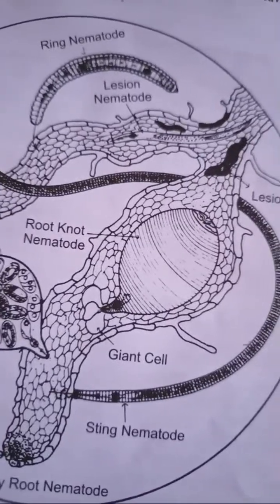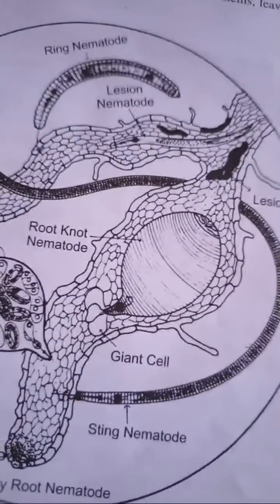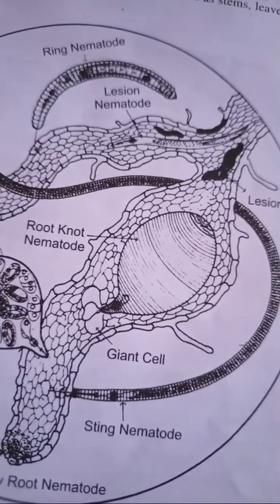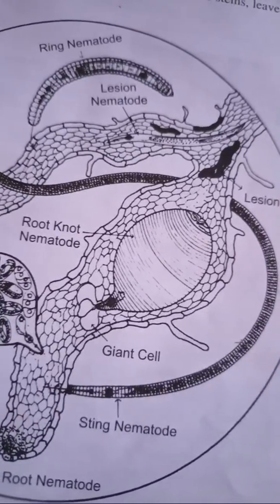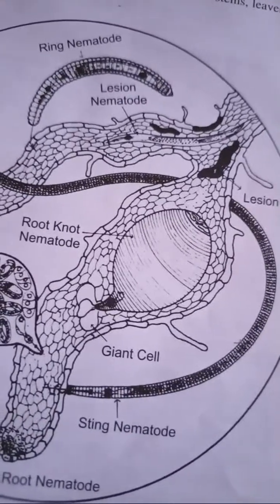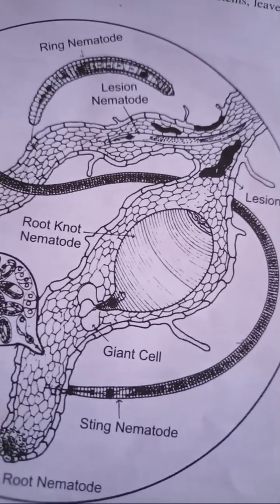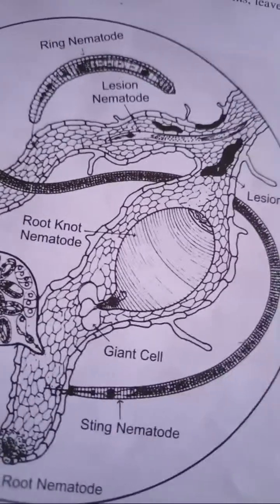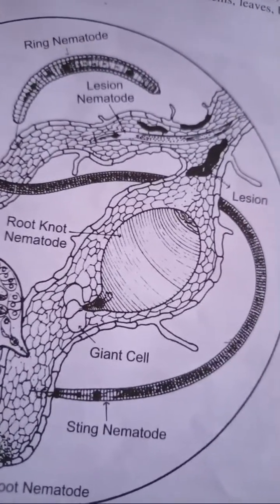The third is less important, but yet it comes in exams sometimes, that is the ectoparasitic. The sedentary form is the sheath nematode, Hemicriconemoides, Hemicycliophora, Caloosia, and the migratory form includes the needle nematode, the Longidorus species, dagger nematode, the Xiphinema species, stubby nematode, the Trichodorus species, and pin nematode, the Paratylenchus species, friends.